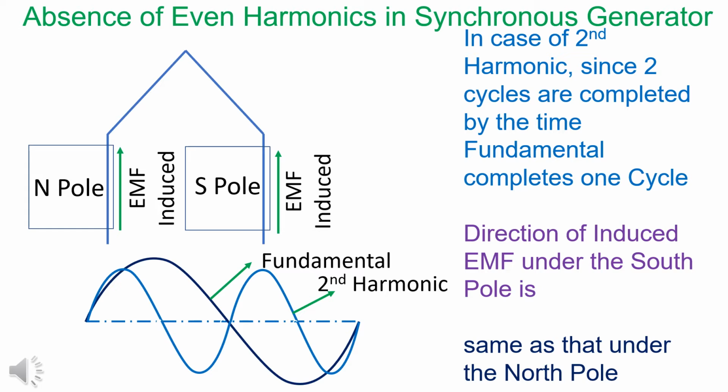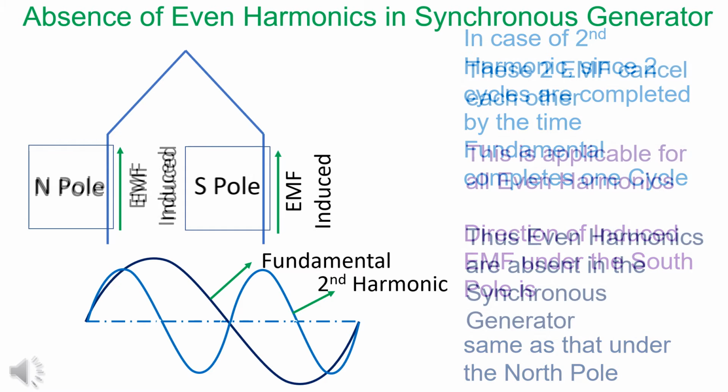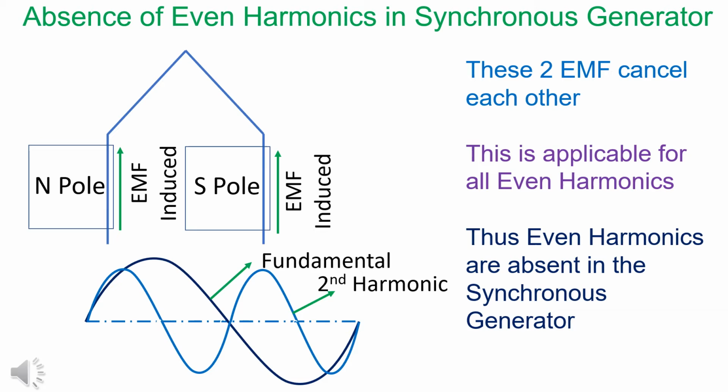In the case of the second harmonic, since voltage is running 2 times faster, direction of EMF in both the coil sides is same. These EMF oppose each other. That is, these cancel each other. This is applicable for all even harmonics. The even harmonics, that is second, fourth, sixth harmonic, are absent in a synchronous generator.